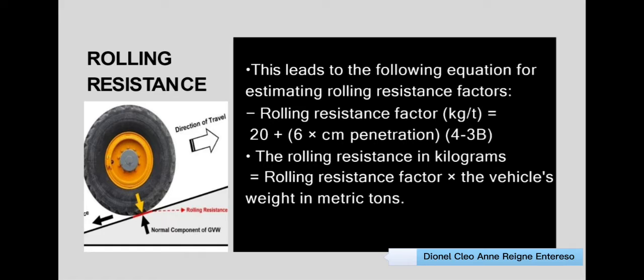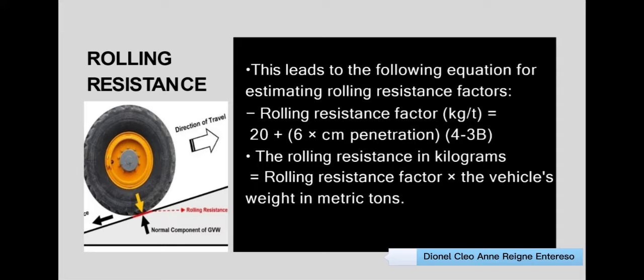The equation below lets us estimate the rolling resistance. The rolling resistance factor in kilograms per metric ton is equal to 20 plus 6 times the tire penetration in centimeters.